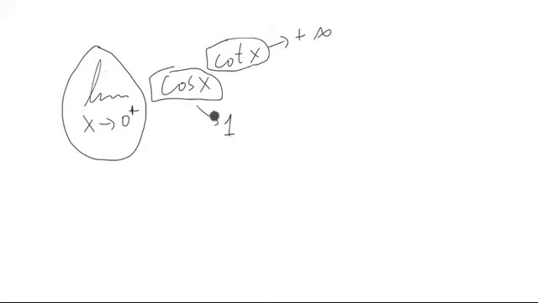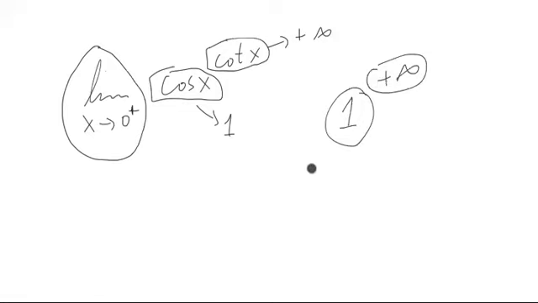Okay, so just for looking at this, so we have 1, and it's kind of like saying something that's heading toward 1, and then you're raising it to something that's going toward positive infinity right here. And that's kind of what we're looking at. 1 raised to some big power here.